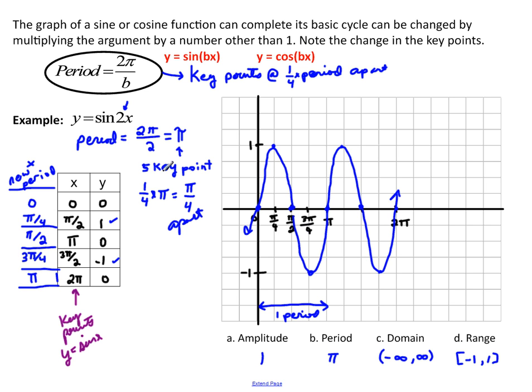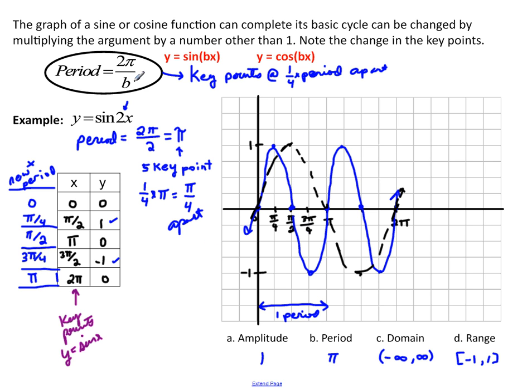Now, for comparison's sake, if we look at our basic reference graph of the sine function, we would have gone 0, 1, 0, -1, 0. This is the graph of y equals sine of x. If we compare the original graph to this graph, you can see it's as though we're compressing the number of cycles by 2. In other words, we're getting 2 cycles for the price of 1.